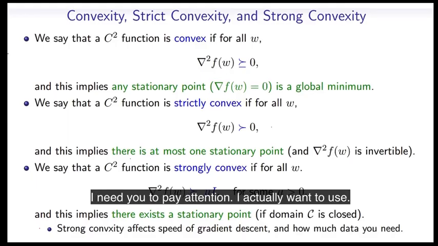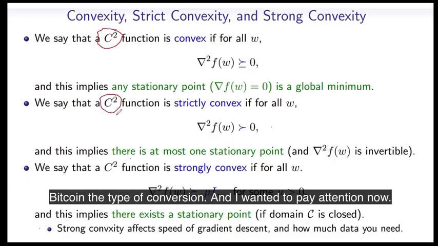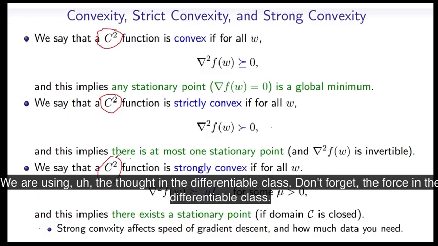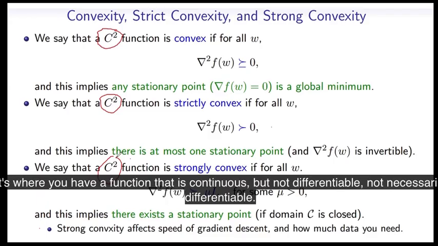I actually want to use the third in the differentiable class to distinguish between the types of convexity. We are using the third in the differentiable class. Don't forget, the first in the differentiable class is when you have a function that is continuous but not necessarily differentiable.